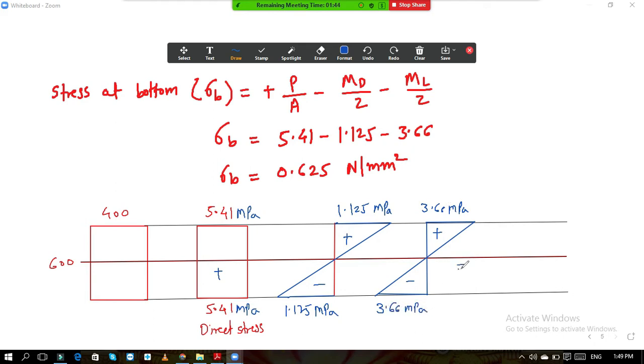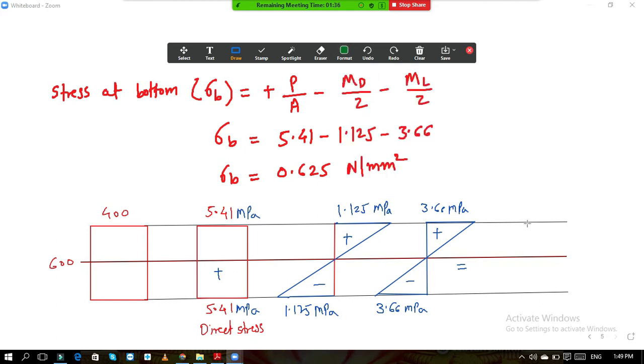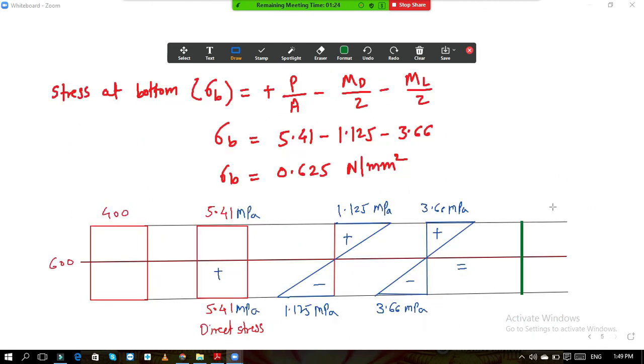And the resultant diagram is, if you combine all these three, then your resultant diagram will be, first I will draw the baseline. So this is our baseline. Now at top it is how much? At top it is 10.2 and it is positive. So positive, so we will plot to the right hand side of the baseline. It is positive 10.2 and at bottom it is 0.625. This is also positive.